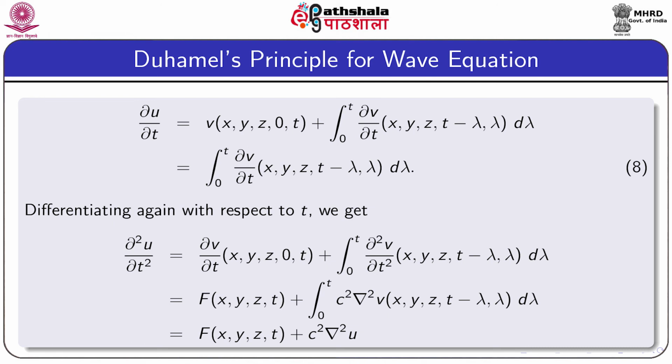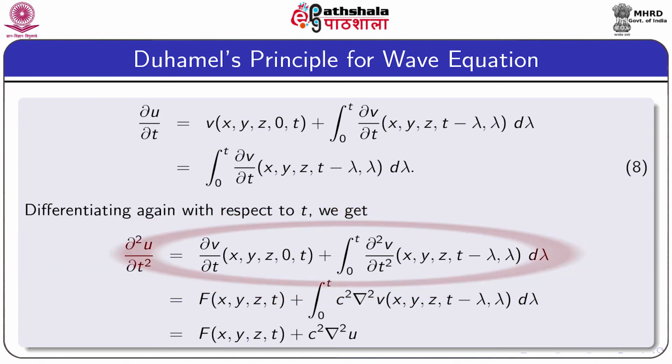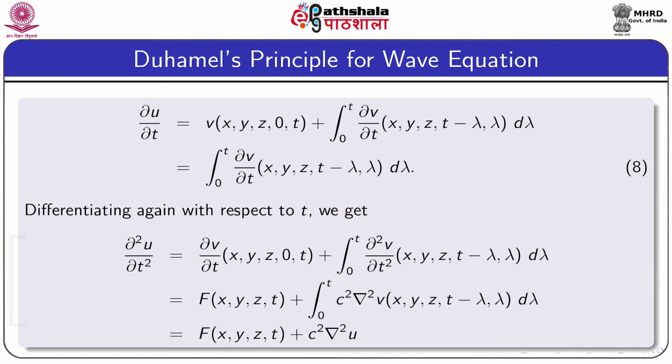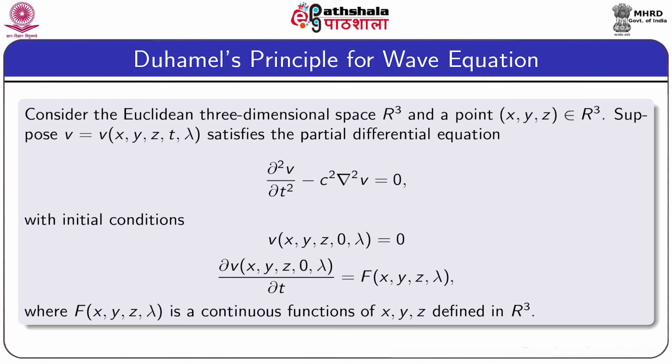So, the left hand side is del 2u del t square, and the right hand side is again differentiation under the sign of integration. So, the first element is del v del t at the point lambda equals t. So, this is del v del t at the point x, y, z, 0, t plus integration 0 to t del 2 v del t square (x, y, z, t minus lambda, lambda) d lambda, and the values of del v del t are given here.